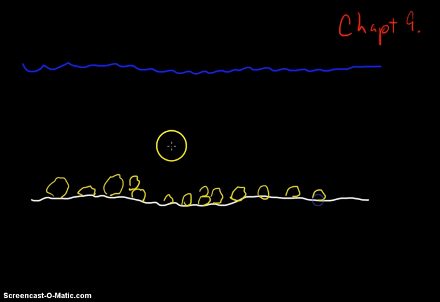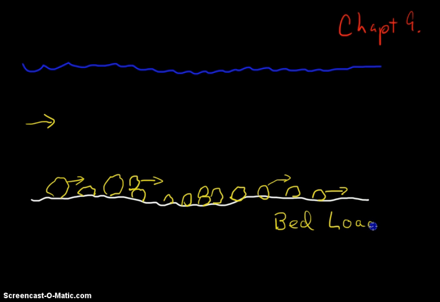Let's say this river is flowing this direction, so the current will eventually move these rocks in that direction also. All the pebbles and rock material at the bottom of a stream that will be moved by the stream is called the bed load. It's all the sediments at the bottom of the stream, all the rocks and pebbles that get pushed along with the current of the stream.